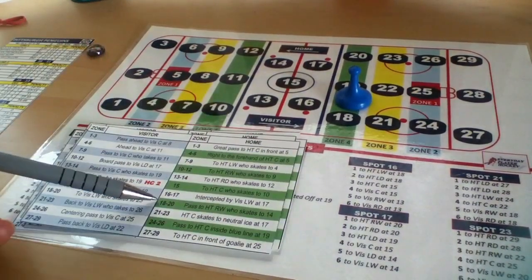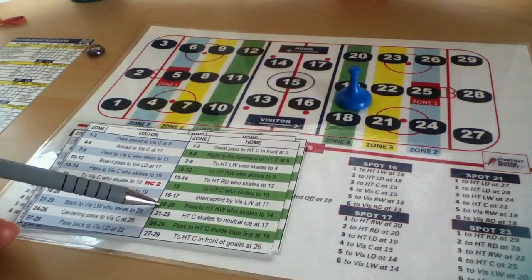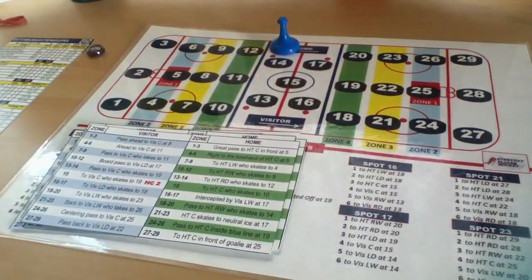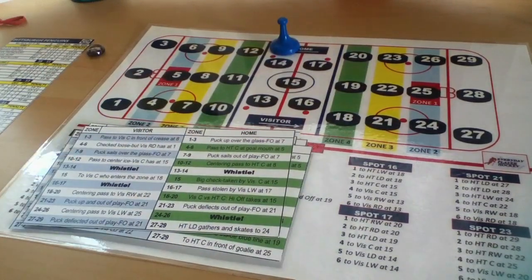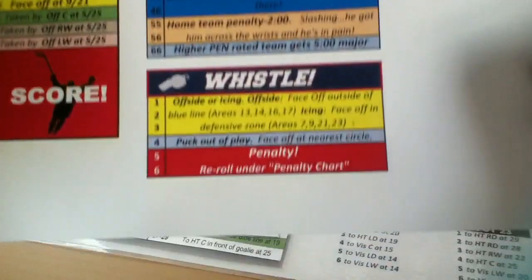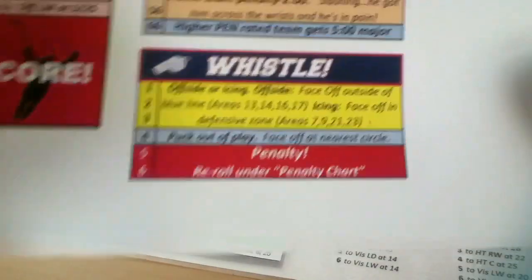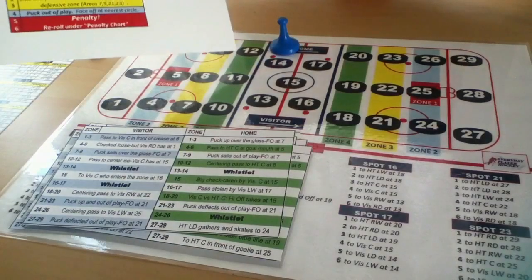Bobby Orr has it. So there's a good example of a turnover. Okay, so 18 from the home team side, pass to home team right wing, who skates to 14, and it says whistle. So we roll 1d6 and look at the whistle chart. It's a 3, and 3 just means offside or icing. In this case, it was near the blue line, so it's an offside.